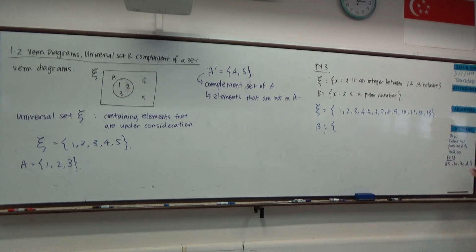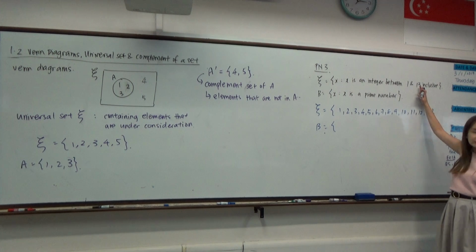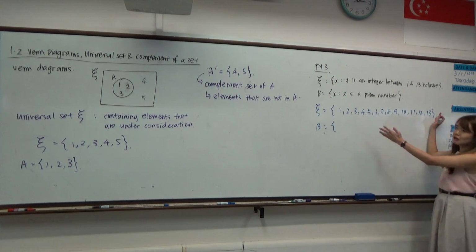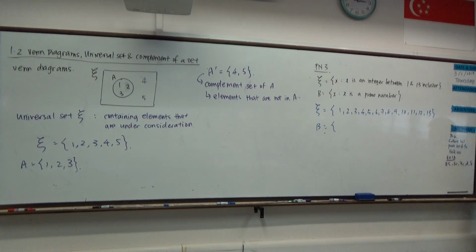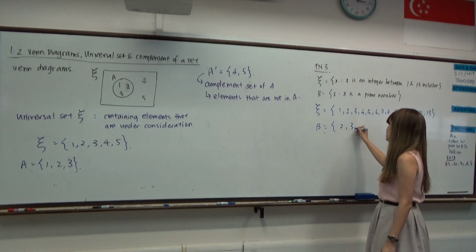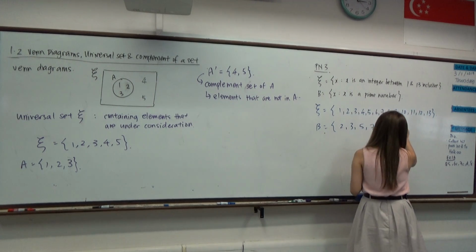And then B, X is a prime number, it will be guided by the universal set. So you do not list out all the prime numbers. You will only list out the prime numbers found in the universal set. Okay, and what are they? 2, 3, 5, 7, 10, 11, and 12.